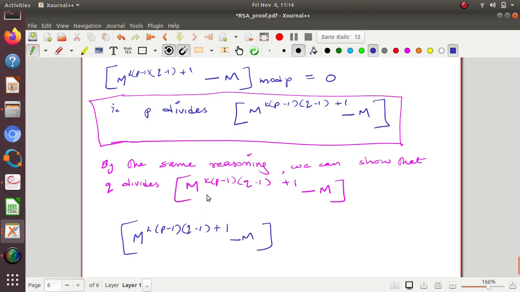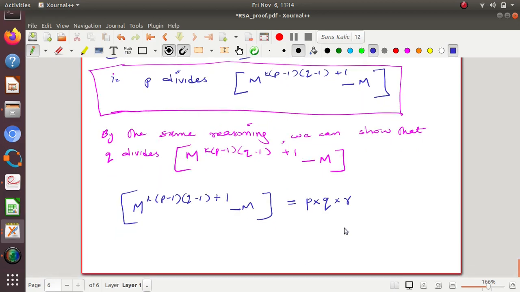P and q are prime numbers, so this will be a product of p and q and some integer r. That r may be 1 also. But p into q is n, so this is equal to n into r. So this quantity is some multiple of n. That means n divides this quantity.